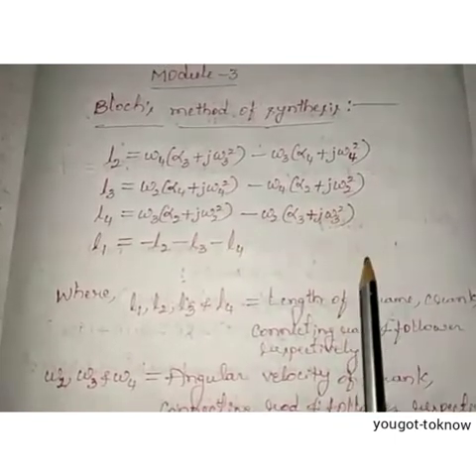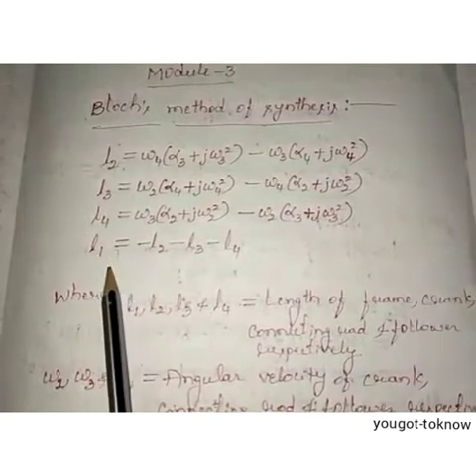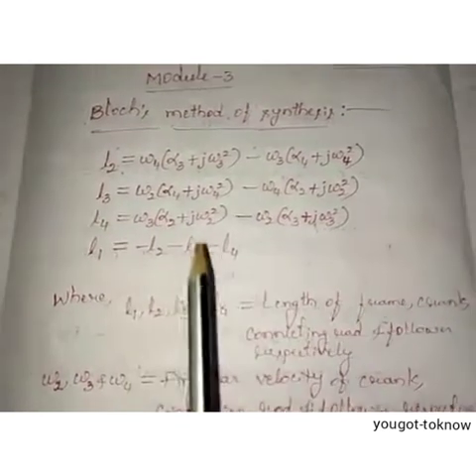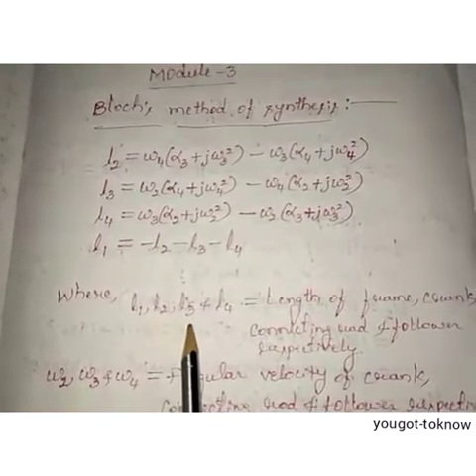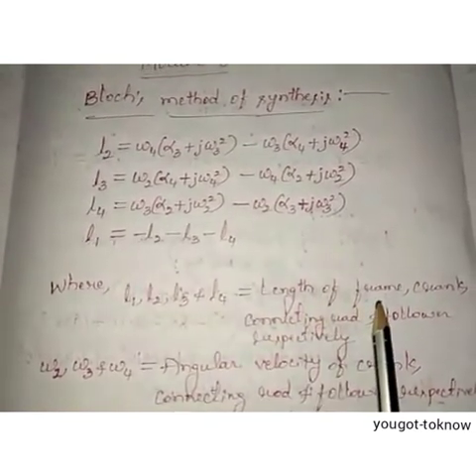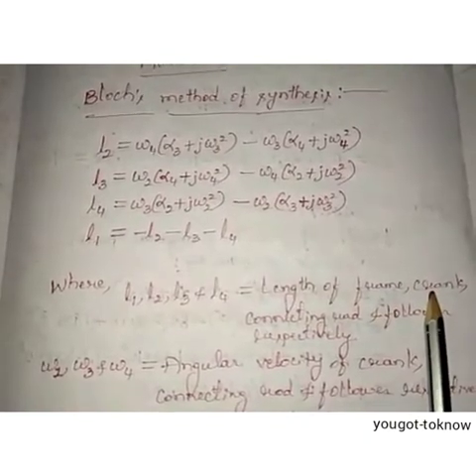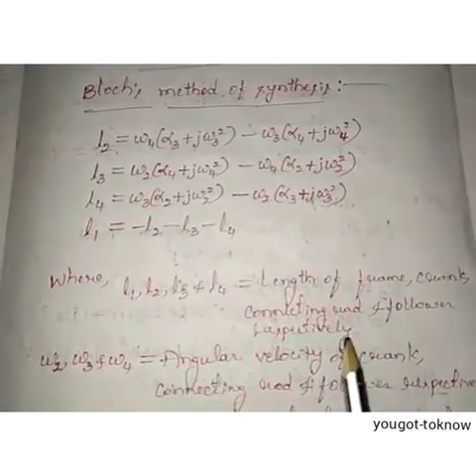These are the four equations which are used to determine the length of the links in the given mechanism. Here L1, L2, L3 and L4 are nothing but the length of the frame, crank, connecting rod and follower respectively.